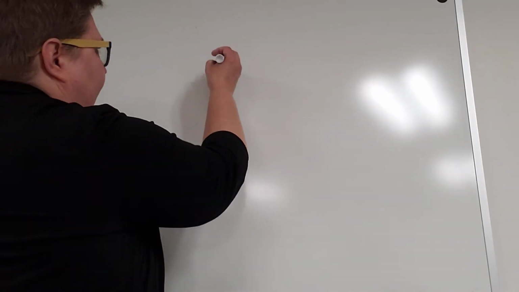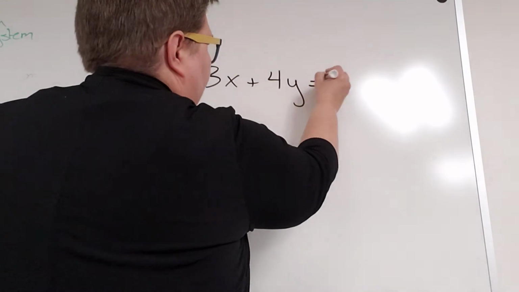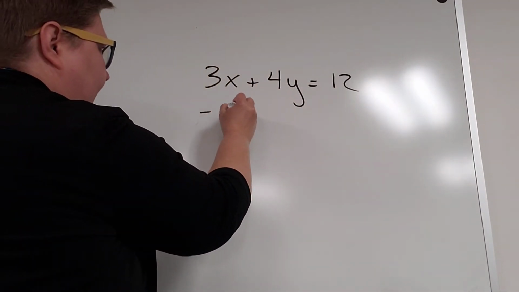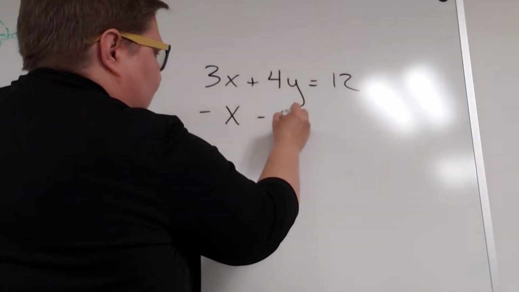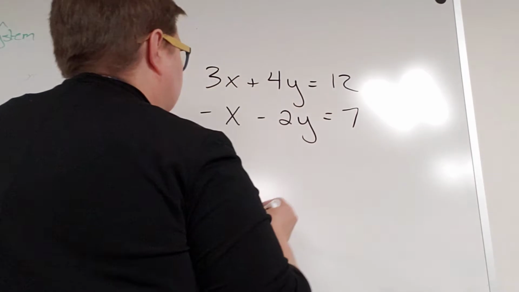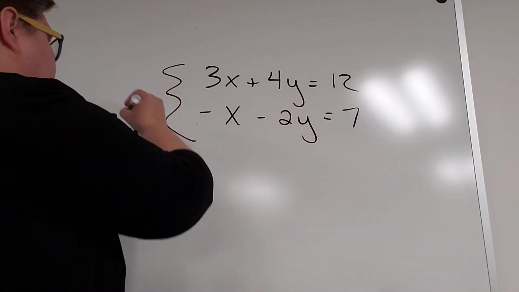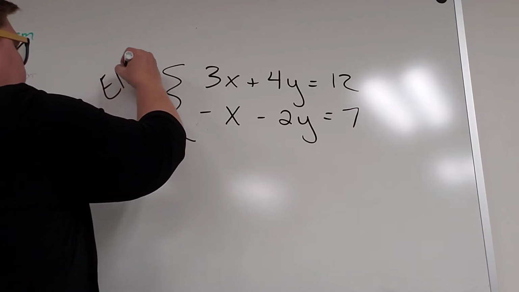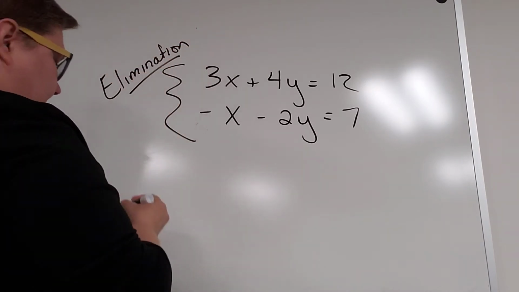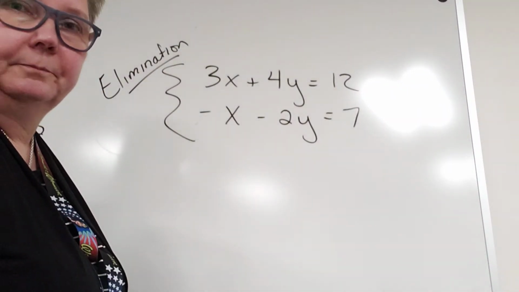So let's say I have 3x plus 4y equals 12, and I have negative x minus 2y equals 7, okay? And there's my system. Now I'm going to do what they call elimination, okay? And notice that they're both written in standard form here.